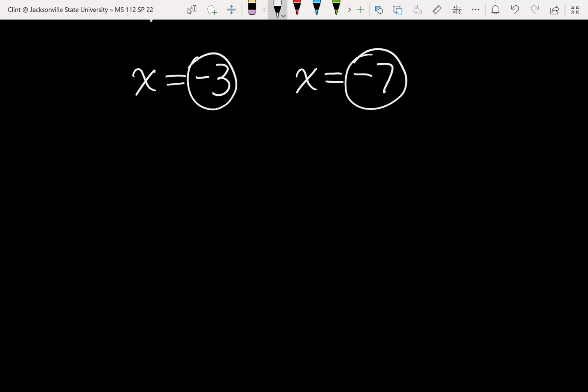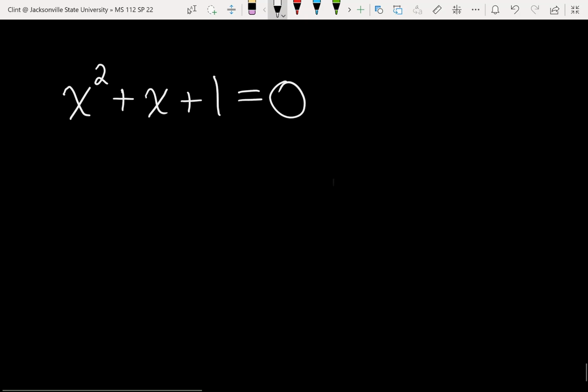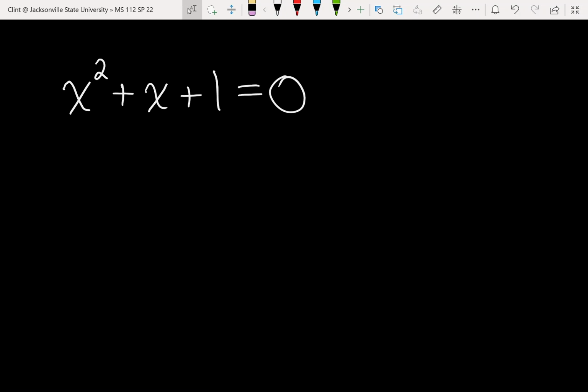Let's do this one. Small numbers. Try to factor this one.